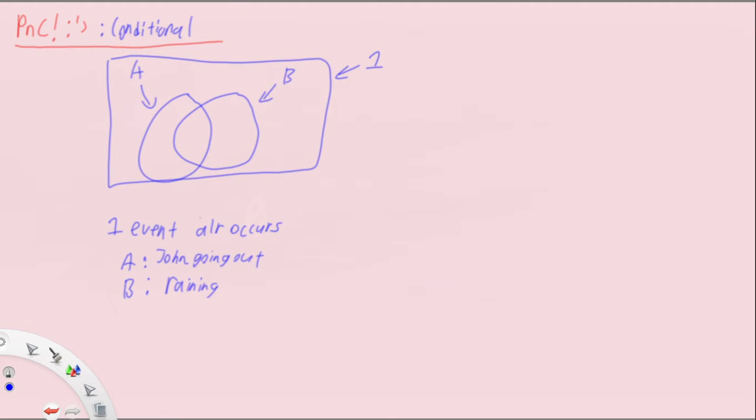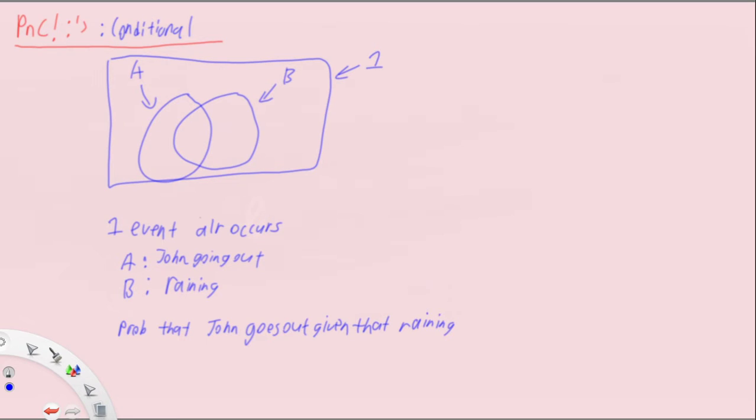Then we have the probability that John goes out given that it is raining. So you notice that we know that it is already raining because we are given that it is raining.